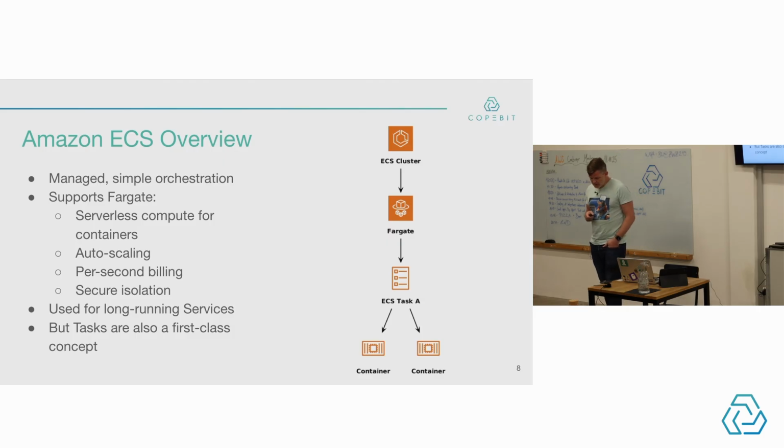But using ECS in conjunction with Fargate, the cluster is just an abstract concept, and you don't have to run anything in the background or keep track of anything. So, Fargate: serverless compute for containers with auto scaling, per second billing, and isolation. Like I've now said many times, normally it's maybe used for long running services, but tasks are also a first class concept.